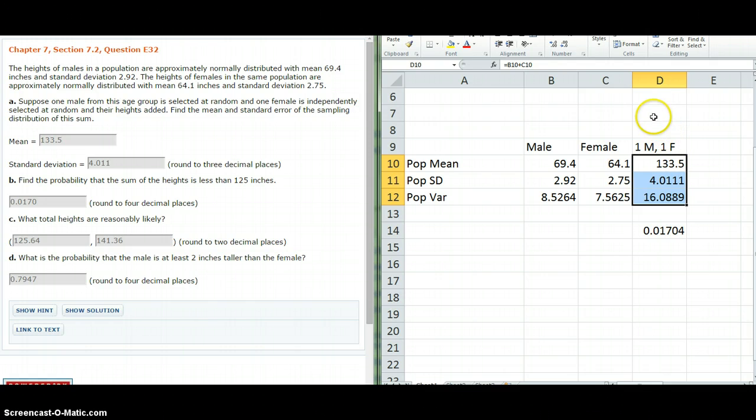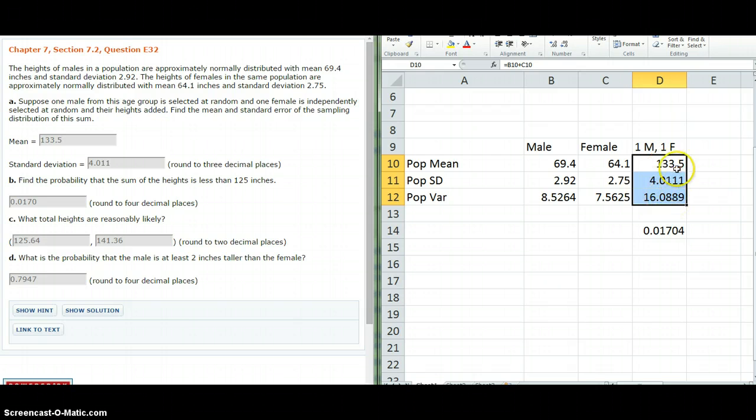So of all the times we would choose one male and one female, this is the mean we're going to get, this is the standard deviation. So we actually have the data for that population of these samples of using this method. In other words, this is the parameter itself for that method.